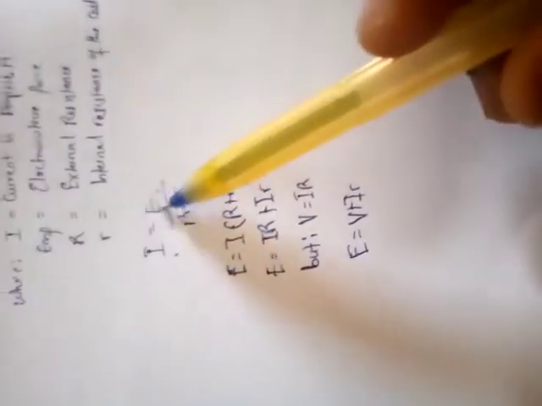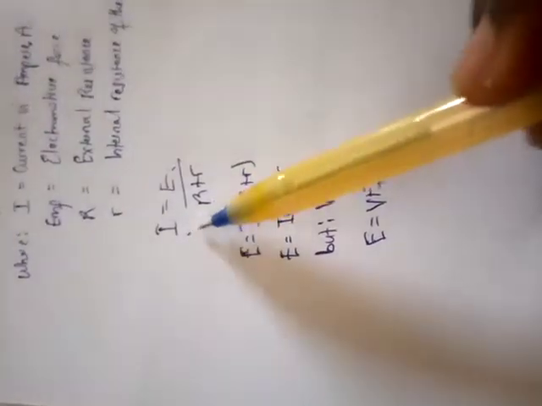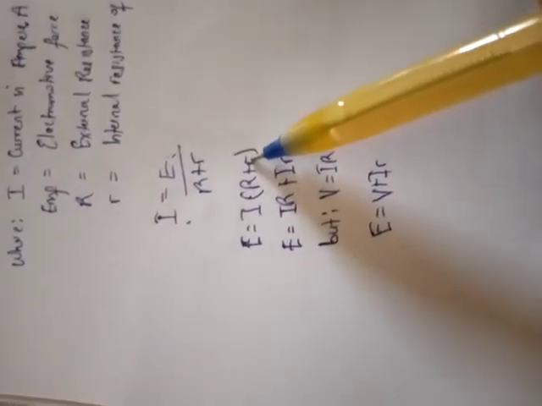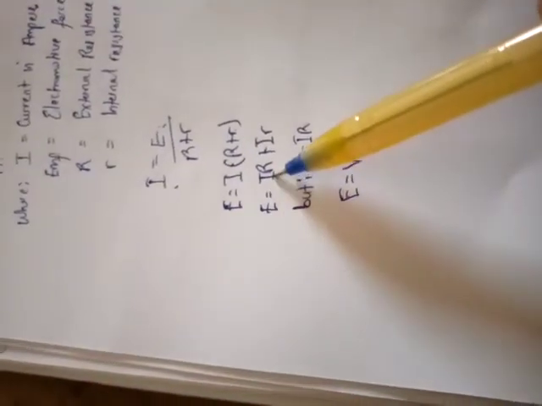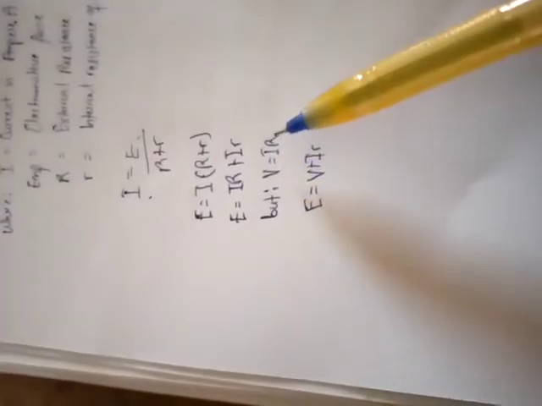And when we cross multiply here, E is equal to the current I times the external resistance plus the internal resistance. Then E is equal to IR plus Ir. But V is equal to IR, that is from Ohm's law.